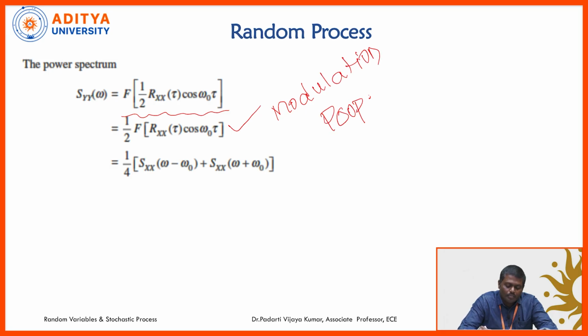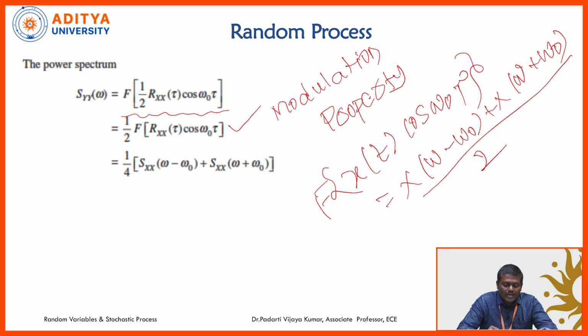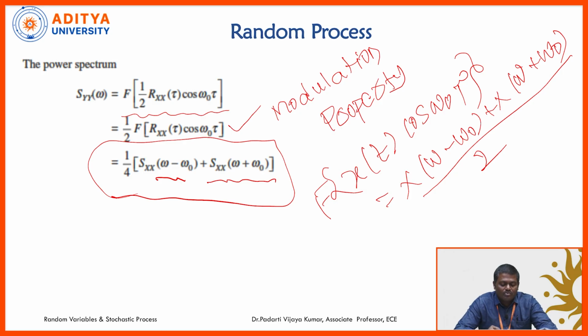Based on the modulation property, a function multiplied with cos omega naught tau has Fourier transform X of omega minus omega naught plus X of omega plus omega naught, divided by 2. Applying that relation, 1 by 2 into Sxx of omega minus omega naught plus Sxx of omega plus omega naught by 2. So, the final answer is 1 by 4 Sxx of omega minus omega naught plus Sxx of omega plus omega naught.